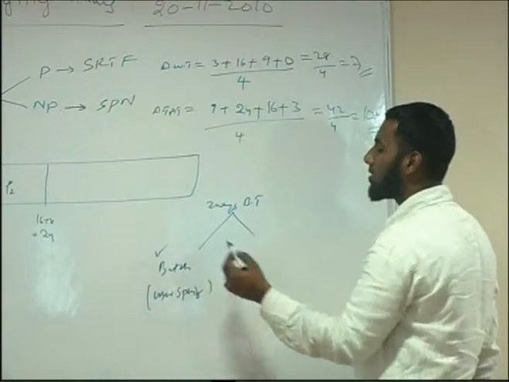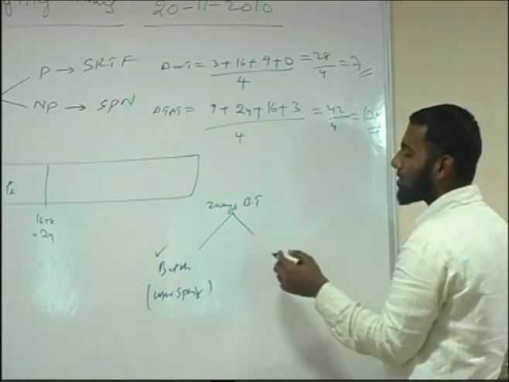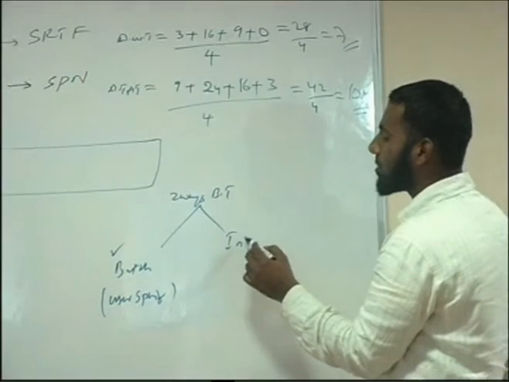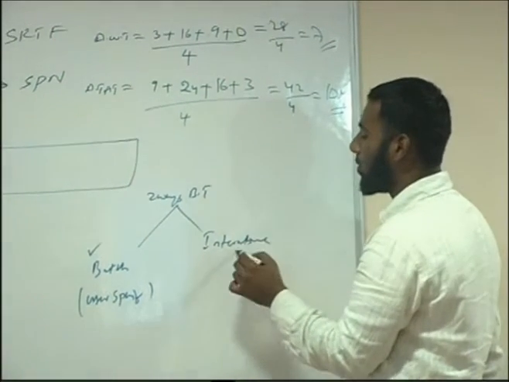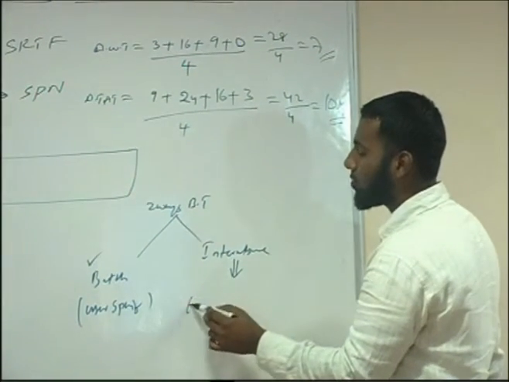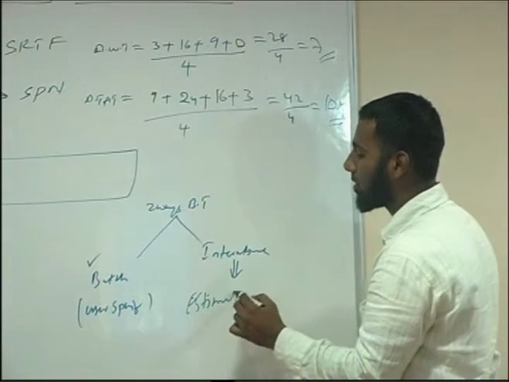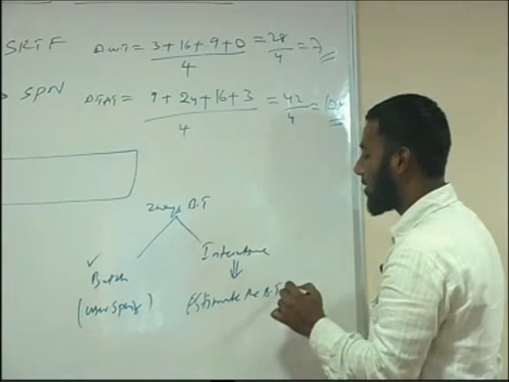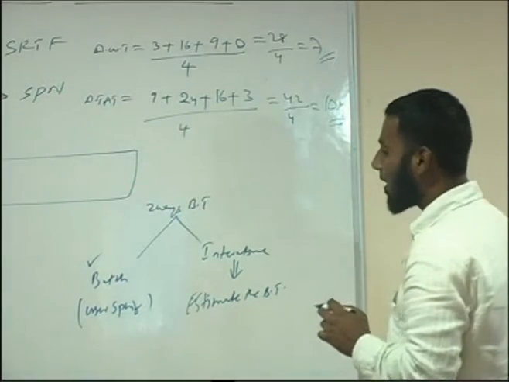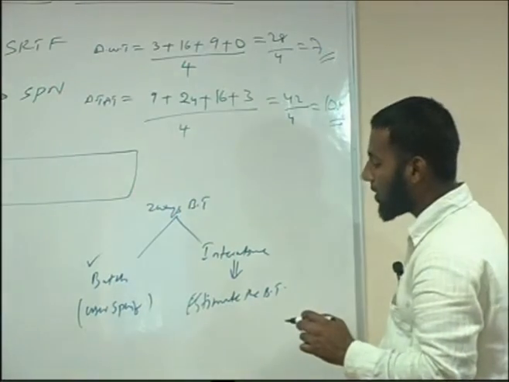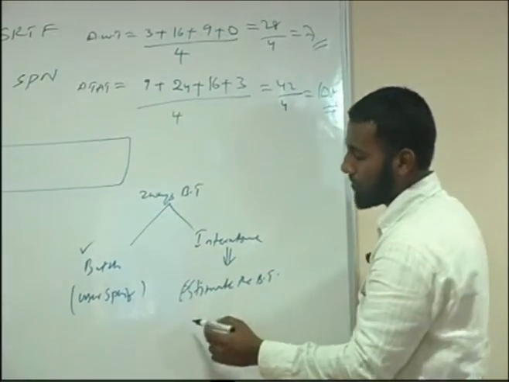Okay, it's a common scenario. But whereas in interactive systems, we don't know. So here we have to estimate the burst times. So estimation of the burst time can be done with the help of exponential average technique.